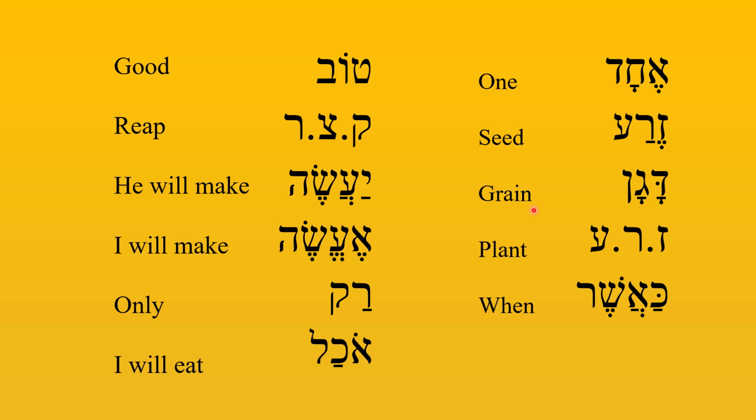Dagan, which is grain. And then the verb zara, which is to plant. Kasher, which is when. Tov, good. The verb katzar, which is to reap.